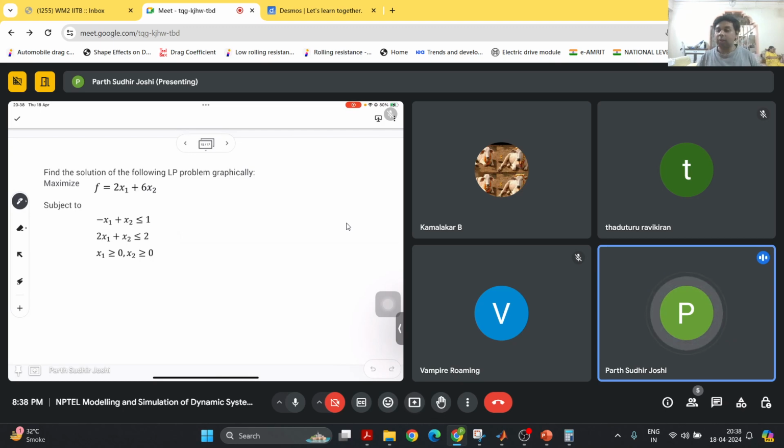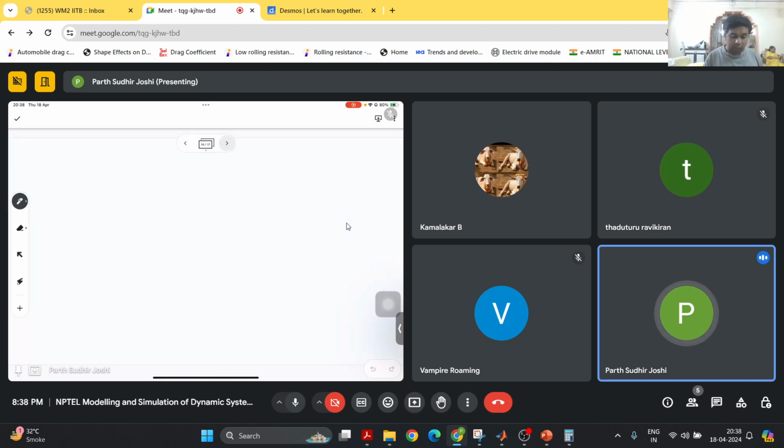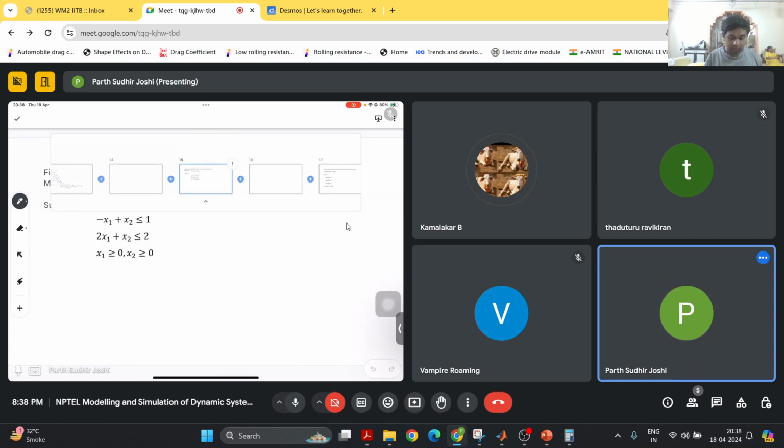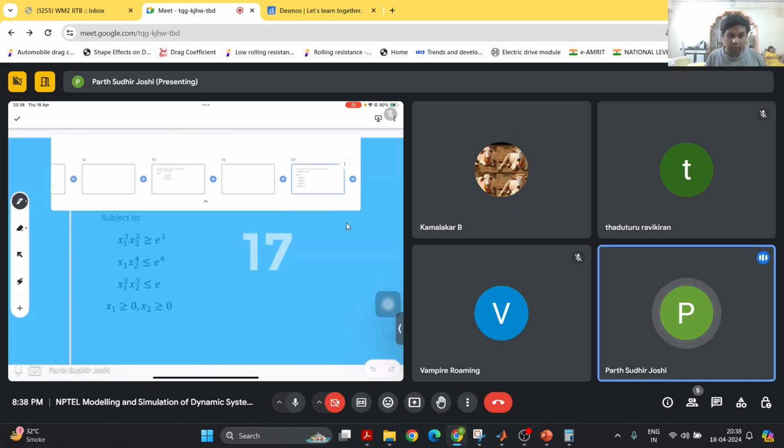So if you want, we can go through the problem, or we can just move to another problem. I have a set of two or three problems where we can use either MATLAB or whatever tool to solve these kinds of problems.